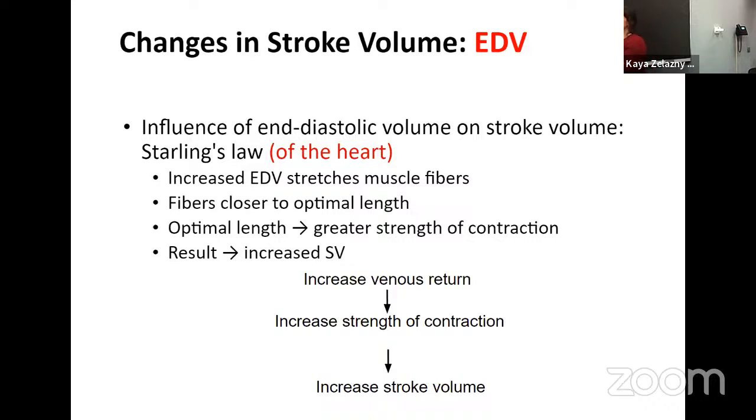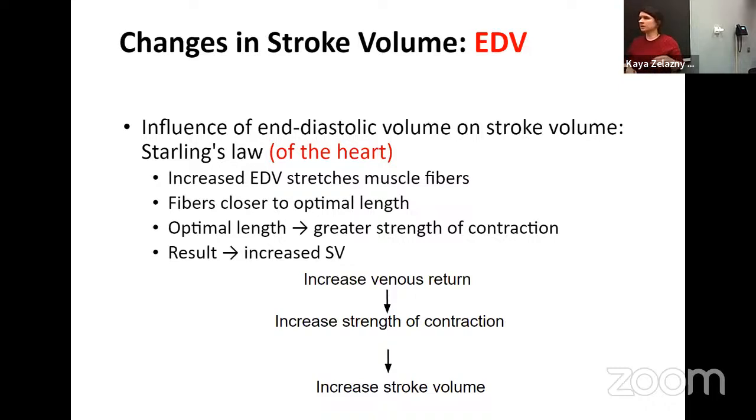So if you have a higher end diastolic volume, it means you have more blood coming into your heart, you have more stuff in the heart, and this can stretch those muscle fibers a little bit. So think about filling up a water balloon. When you put more water in, those will all stretch. So that's what we're talking about here with our end diastolic volume and those walls of the heart. Okay.